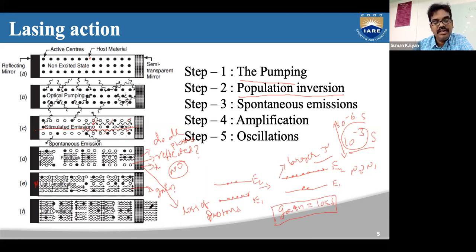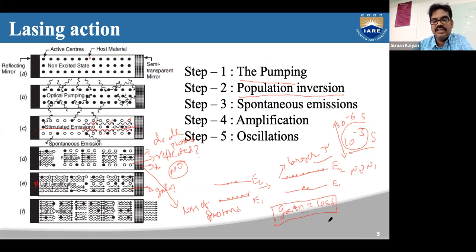But the loss will be partial. Not all the photons are lost, a fraction of photons we get back, but here we will be getting 100%. So at some point the gain will equal the loss.